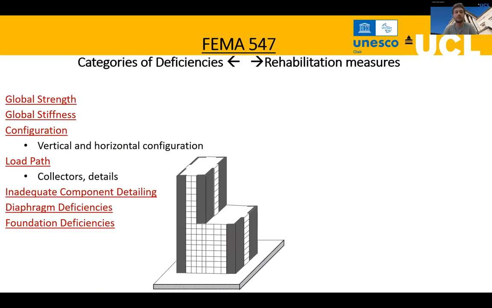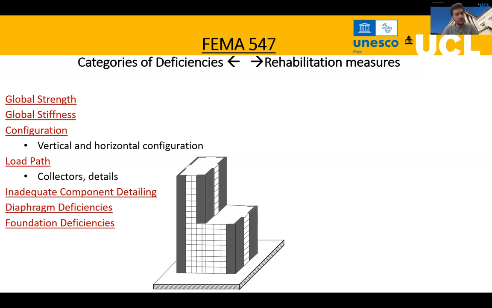Just to recall a little bit, we talked of this document, the FEMA 647, in which we have different types of deficiencies. The first one is global strength, when the building does not resist a particular level of force that is applied to it. We also discussed global stiffness problems, where the structural relation between the displacement and the force that is applied is not enough.